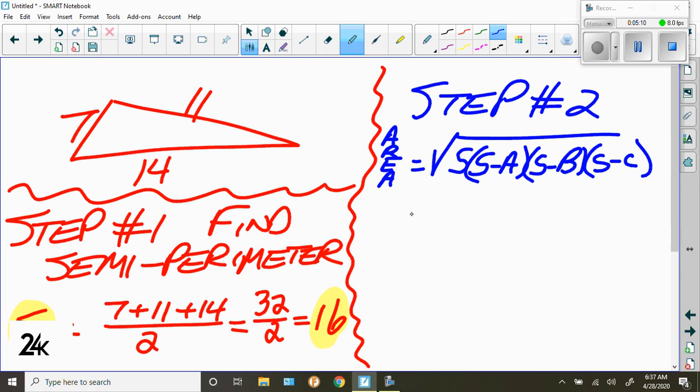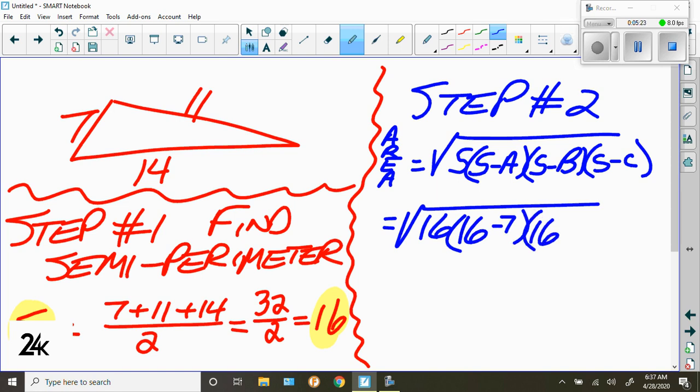So the area is, okay, semi-perimeter, 16. Then 16 minus 7. Then 16 minus 11. Then 16 minus 14. There you go. The directions on the worksheet are going to say round to the 10th.